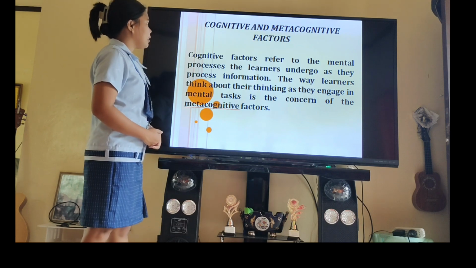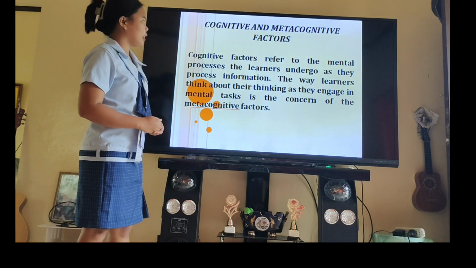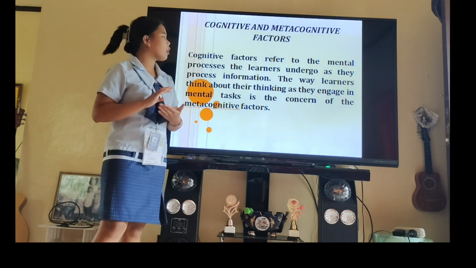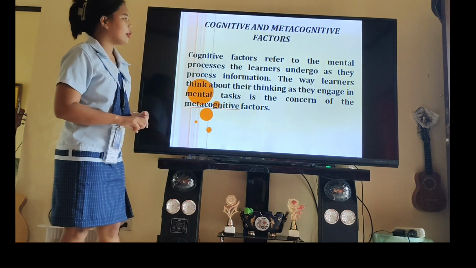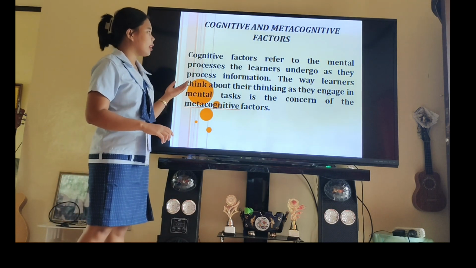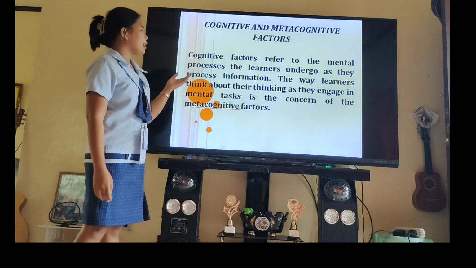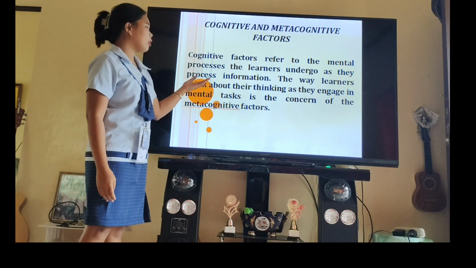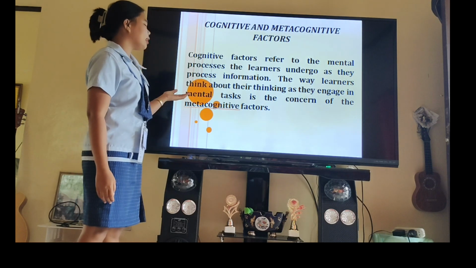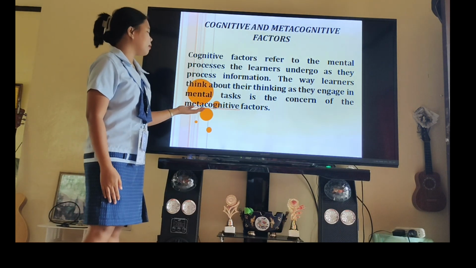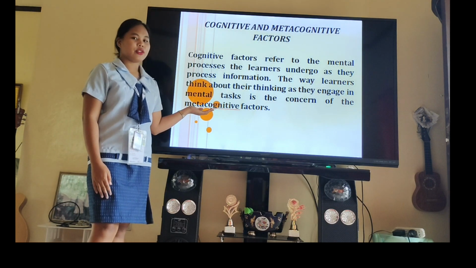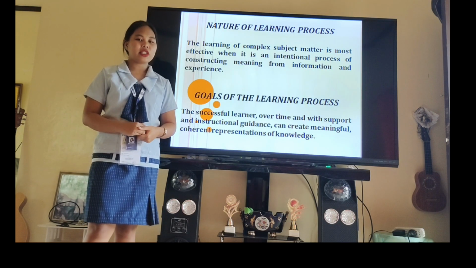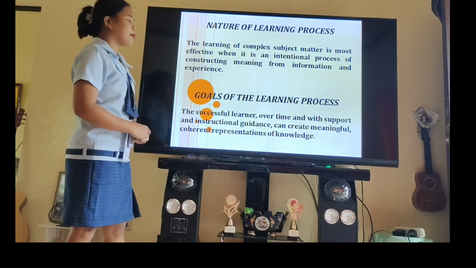The first one is the cognitive and metacognitive factors. Cognitive factors refer to the mental processes the learner undergoes as they process information. The way learners think about their thinking as they engage in the mental task is the concern of the metacognitive factors. The first type of this factor is the nature of learning process.